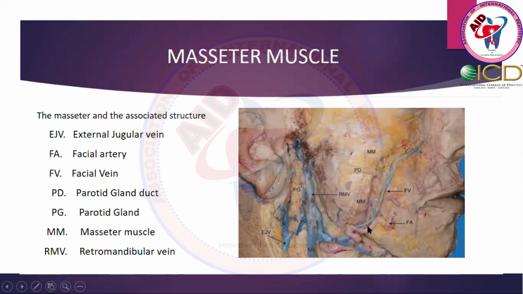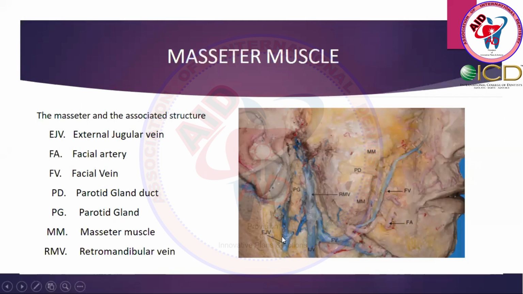This is the loop, just near the lower head of the masseter muscle. And that is the facial vein, which goes up to the angle of the nose, and its whole area is drained into the external jugular vein.